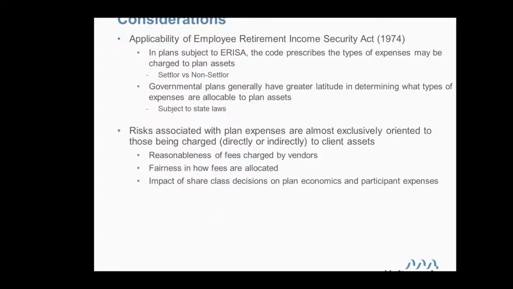For example, if you wanted to do a study to figure out if you should change your plan design, that would be a settlor function, and you should not be able to assess those to plan assets. But required expenses, such as a plan's audit, or fiduciary expenses, such as investment consulting, all are considered required or fiduciary expenses and are non-settlor functions which can be assessed to the plan assets.